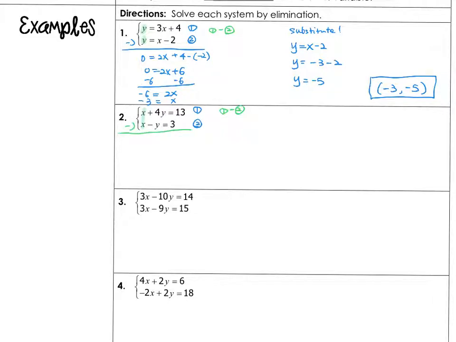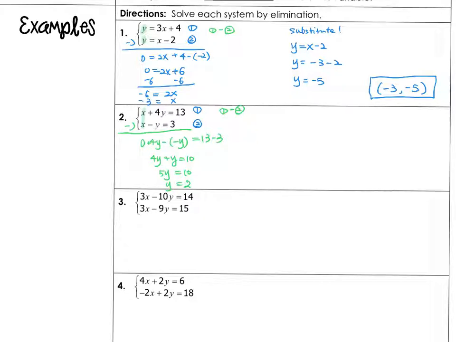So if it's a minus, that gets canceled. 4y minus a negative y equals 13 minus 3. So now double negatives makes a positive, and I would have 5y equals 10, and y would equal 2, right?